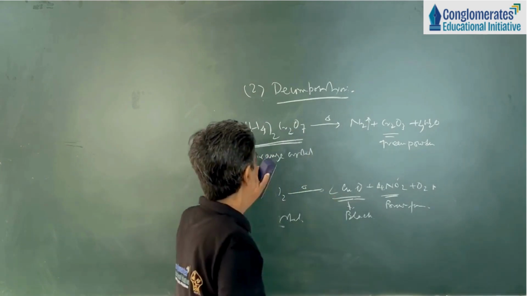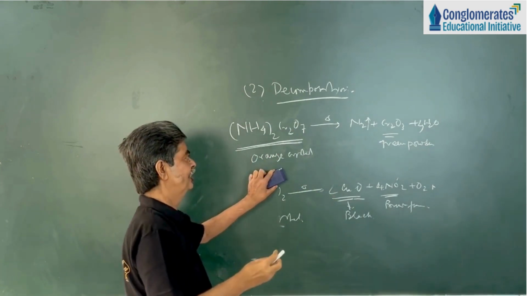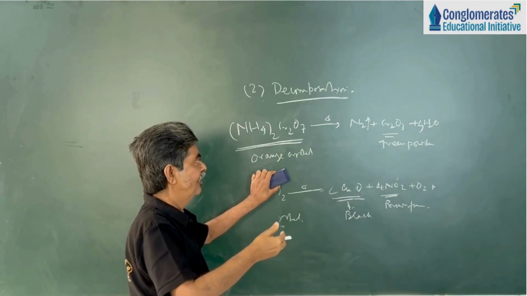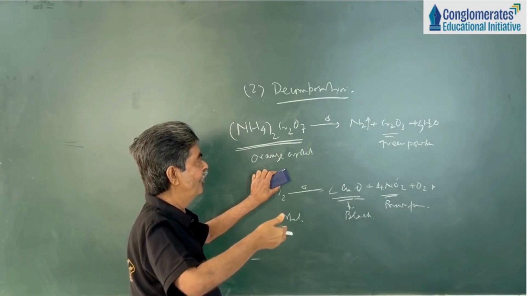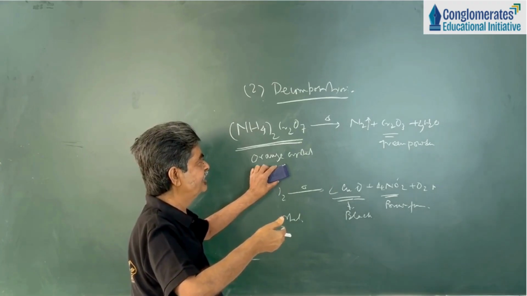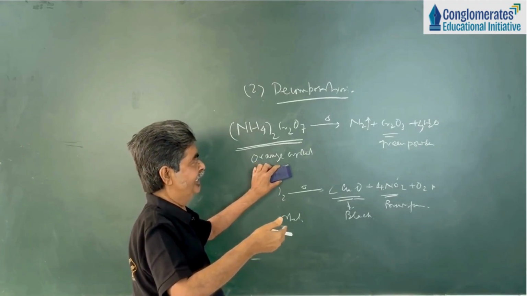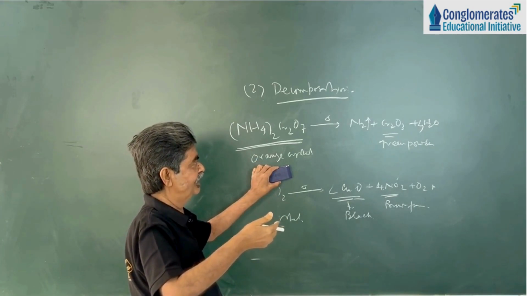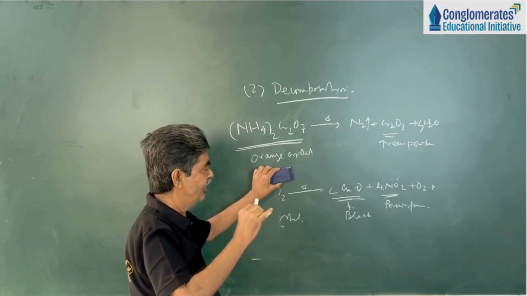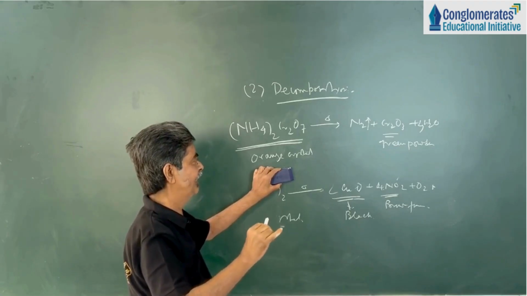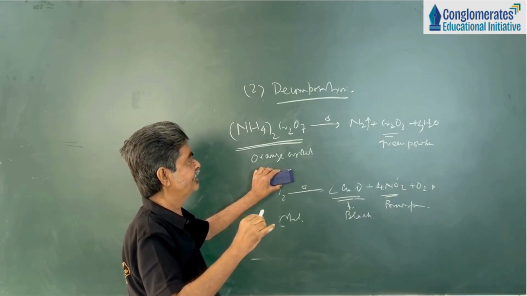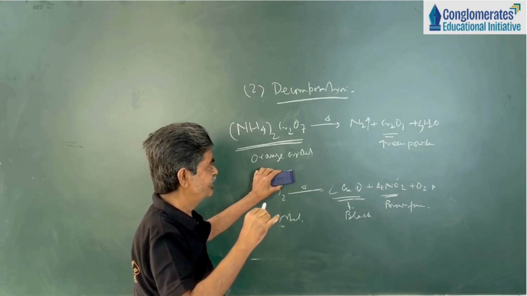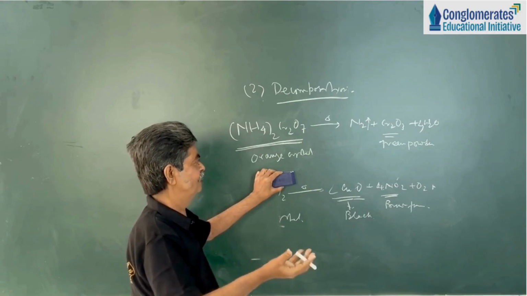Now we find that when it is heated in a test tube, we see some burning flame. This reaction is known as the chemical volcano, because it looks like a volcano, but in a very simple way, since this reaction is carried out in a test tube or a container.